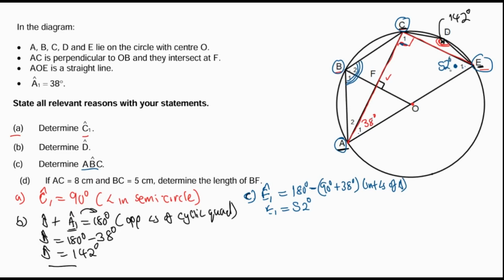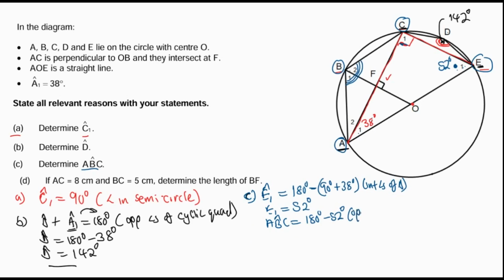Now we have angle E1, we can easily find angle ABC. So angle ABC is equal to 180 minus 52 because these are opposite angles of a cyclic quad. 180 degrees minus 52. Remember, opposite angles of a cyclic quad are what? They are supplementary. They add up to 180 degrees.